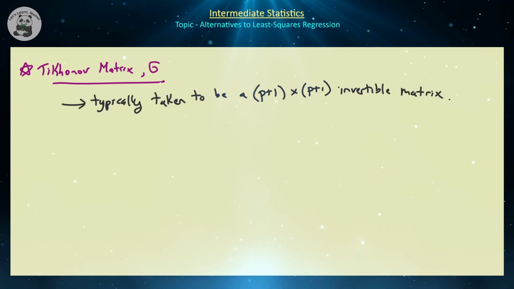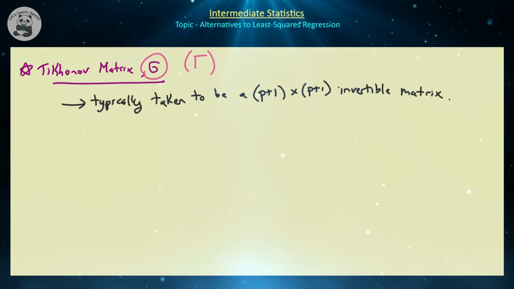The first class of alternatives to least squares regression requires us to introduce a concept known as the Tikhonov matrix, which we're going to represent by G. Some literature and sources will use the capital letter gamma, but I'm going to avoid using the capital letter gamma here since we use that for the gamma function, which has its own applications here and there throughout statistics and probability.